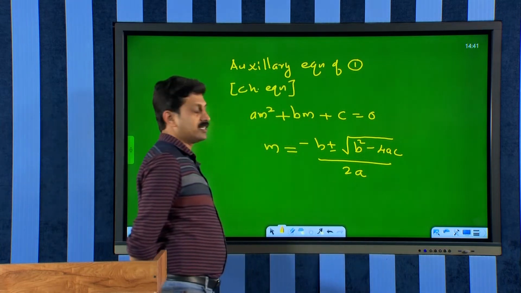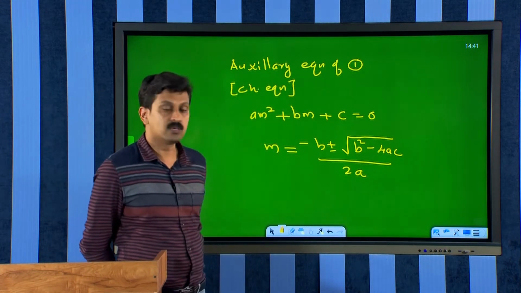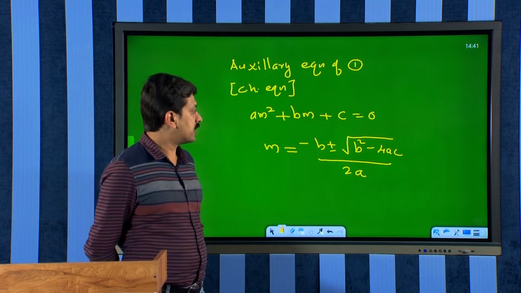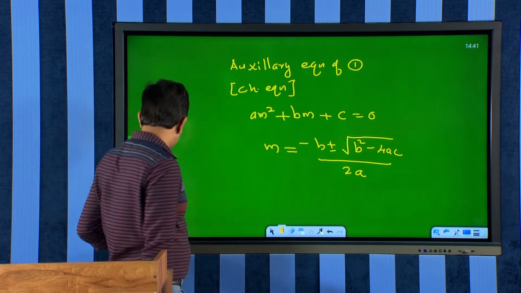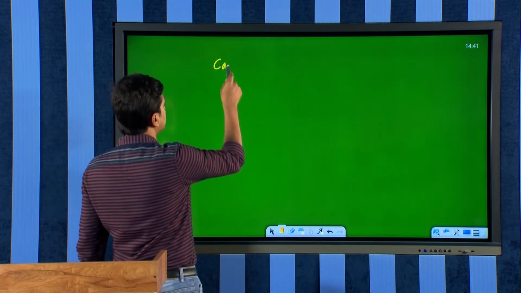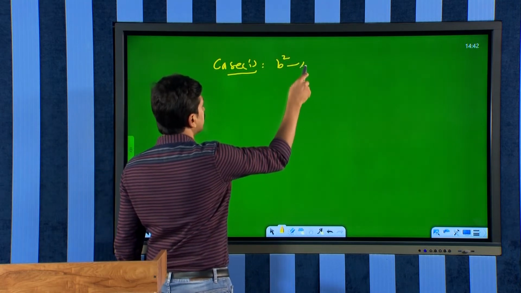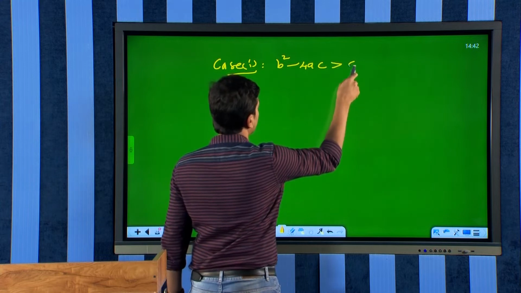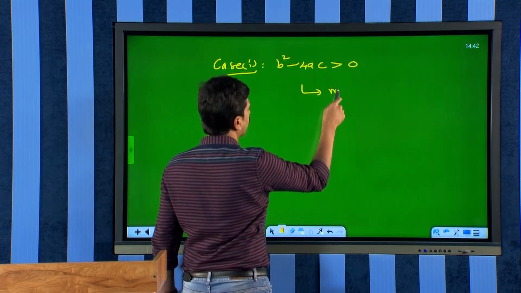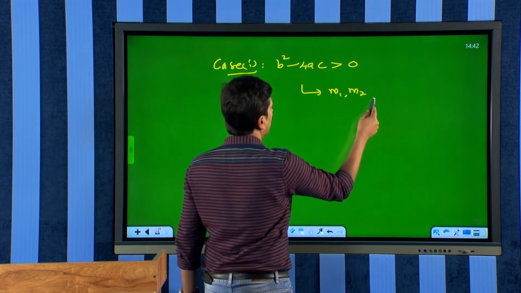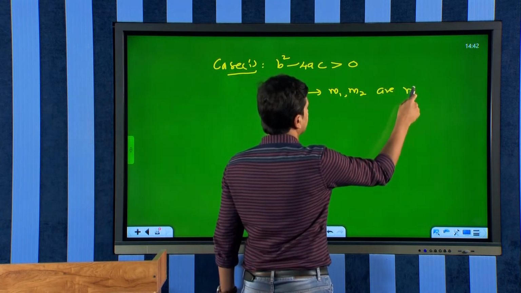We discussed two cases in the previous sessions. Case 1: b square minus 4ac is greater than 0, then the roots m1 and m2 are real and distinct.